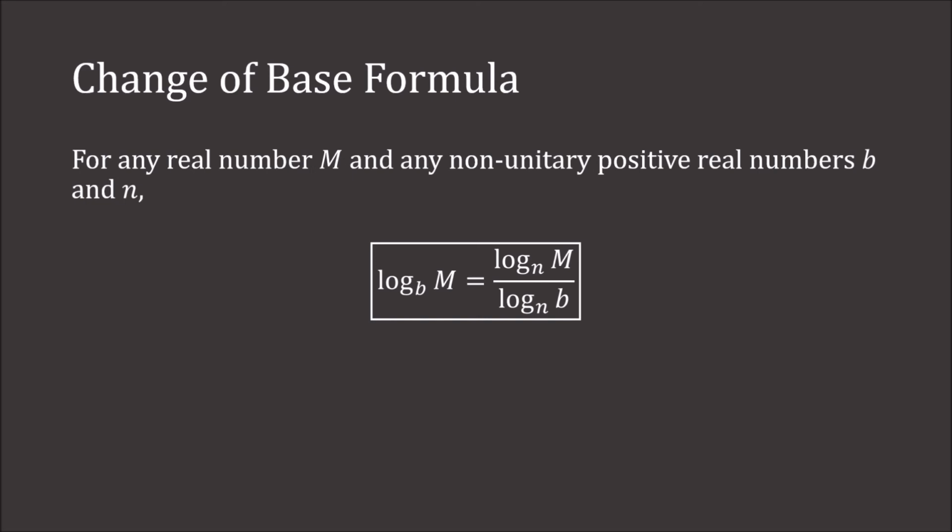So what this formula is doing is it's changing the base of the logarithm from a base b to a base n. So what you do is you take the log of the new base of what you're taking the log of, divided by the log of the new base of the old base.